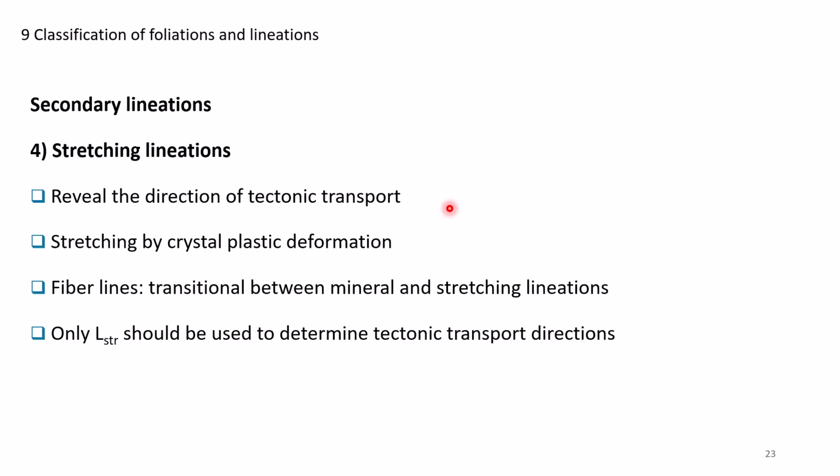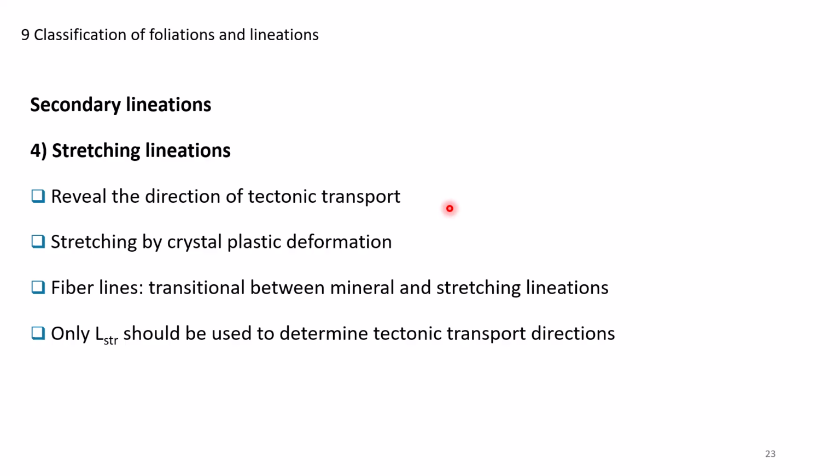Fiber lines we typically find along brittle faults where fluid was present and precipitated minerals, most commonly quartz, in a fibrous linear shape, which is not the normal shape in which quartz should crystallize.